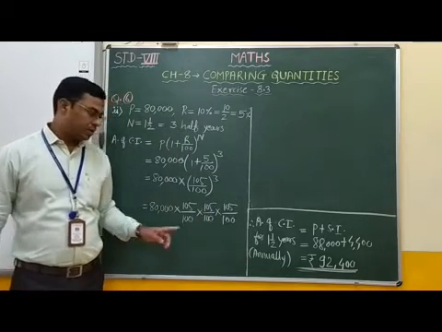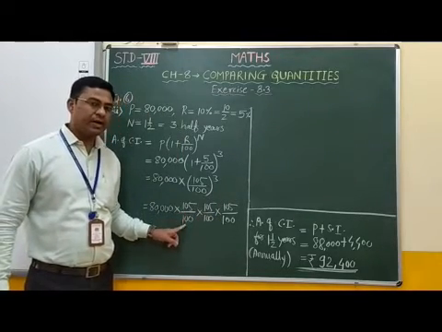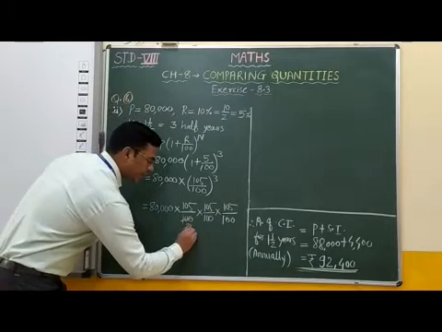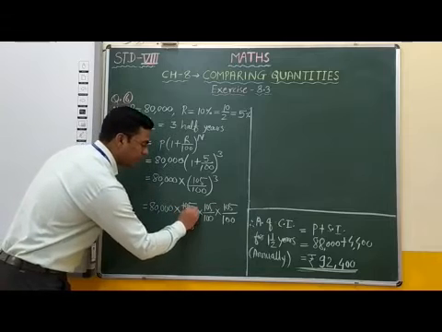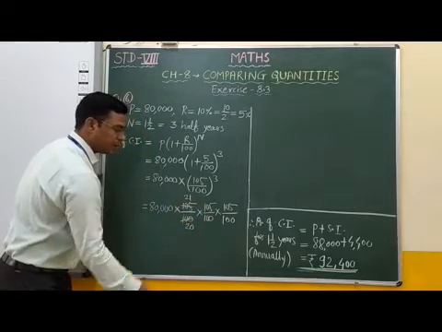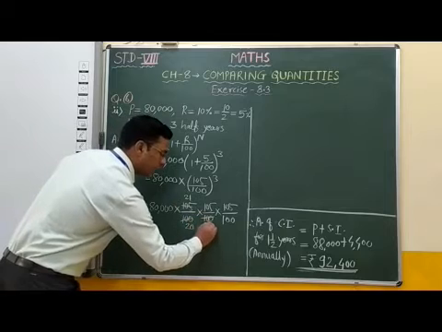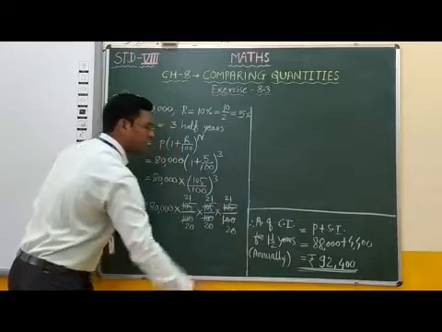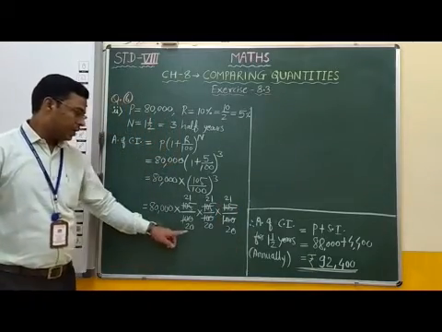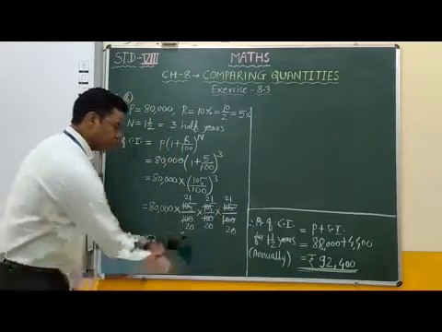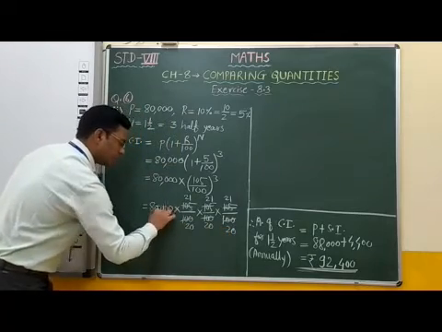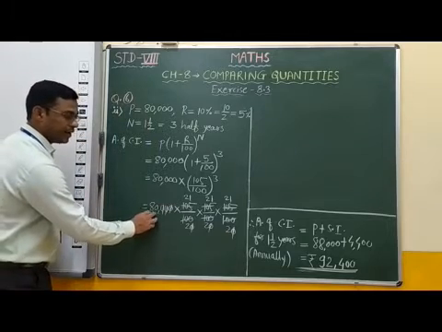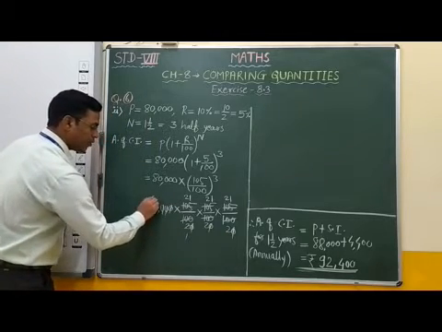Now, students, if we divide 105 and 100 by 5, then 100 divided by 5 is 20, and 105 divided by 5 is 21. Here same, here 20, here 21, here 20, here 21. Now, here these 3 zeros cancel with these 3 zeros. Now, if we divide 80 by 2, 2 4s are 8, here 40.